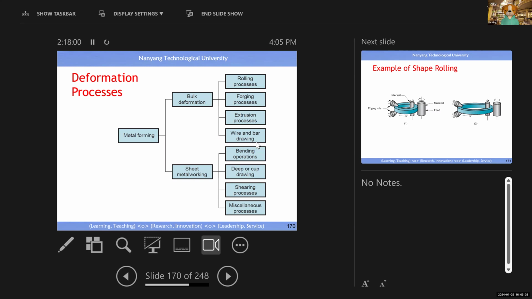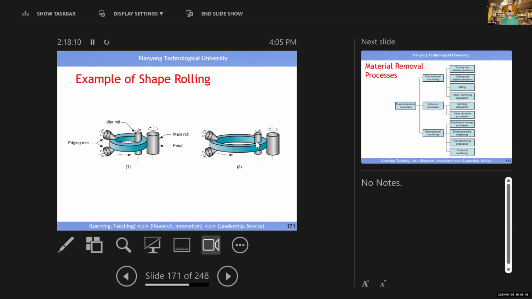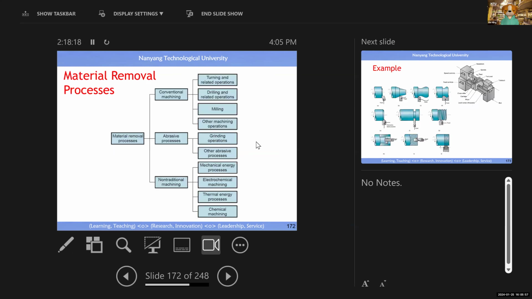Then for deformation processes in part 2, we have seen the video about the bending process. The bending process is a typical example of a deformation process, right? And also the rolling process, forging, rolling, etc. Right? So this just reminds you about the manufacturing processes.